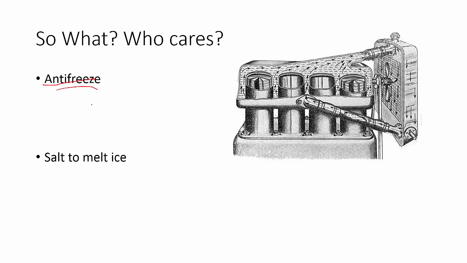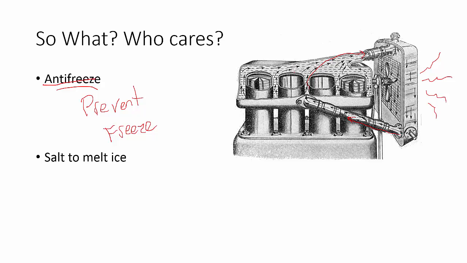All right, well, first off, let's talk about antifreeze. Antifreeze uses colligative properties, and it prevents freezing, hence, antifreeze. You use antifreeze in your car because your engine gets really hot. There are explosions going on inside of it a bunch of times a second. So you have to cool it down. Coolant surrounds the engine and goes to the radiator, which radiates off the heat and sends the cool stuff back to the hot engine.